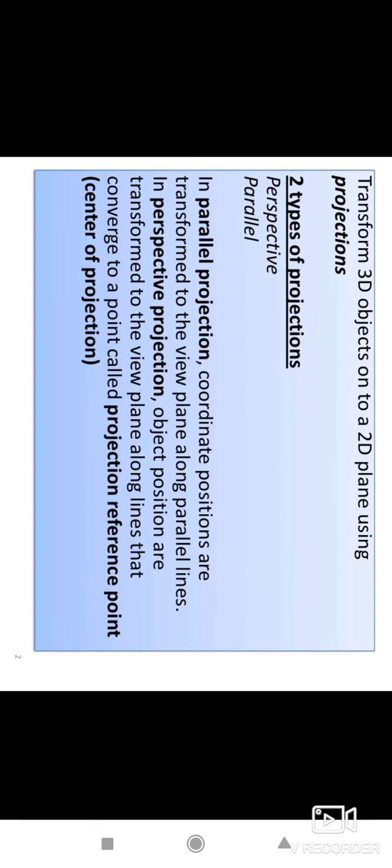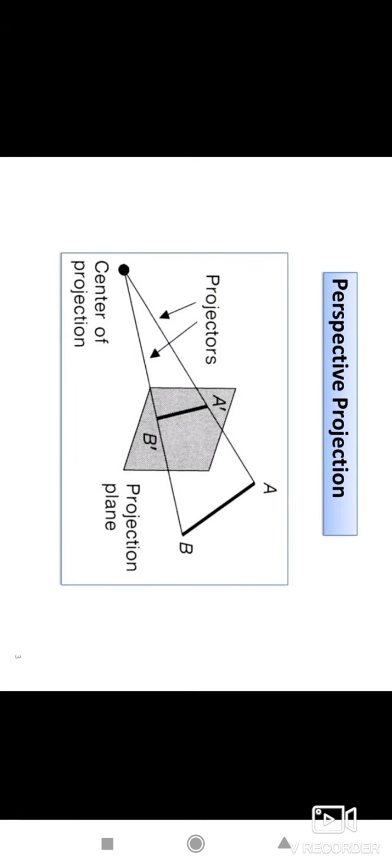Then next is the perspective projection. In perspective projection, the object positions are transformed to the view plane along lines that converge to a point called the projection reference point, or center of projection. Here AB is transformed to A dash B dash, and the object coordinates are projected in such a way that they converge to a single point.